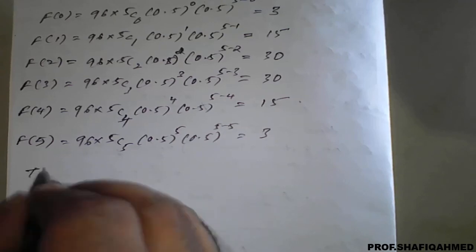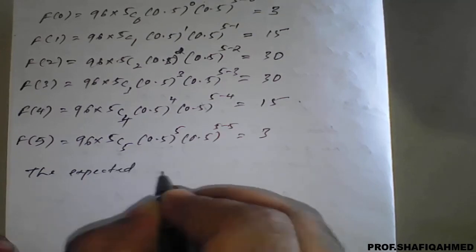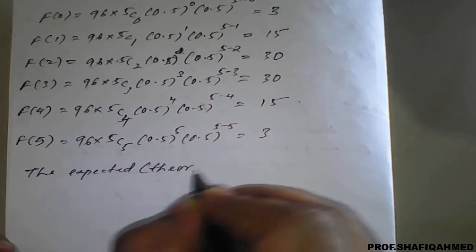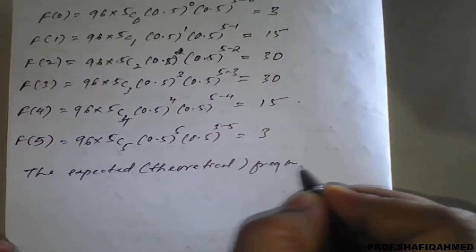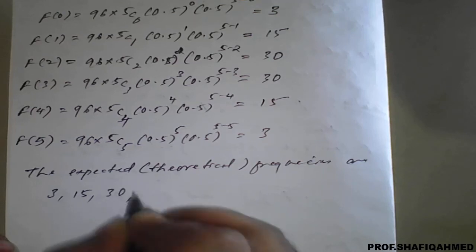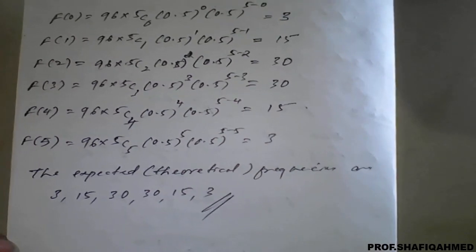Therefore, the expected, that is, theoretical frequencies are 3, 15, 30, 30, 15, 3. So this is the required solution.